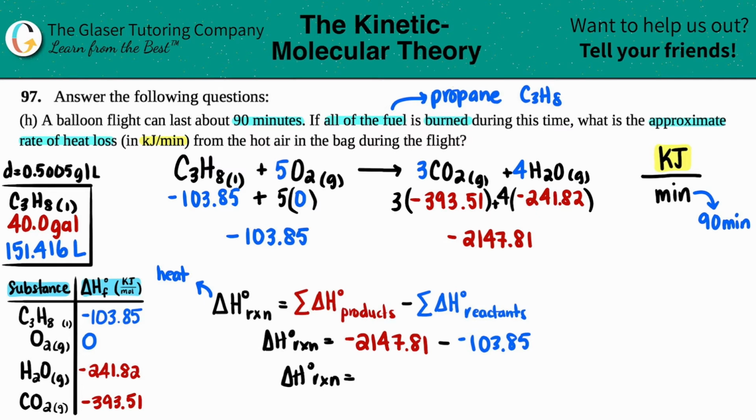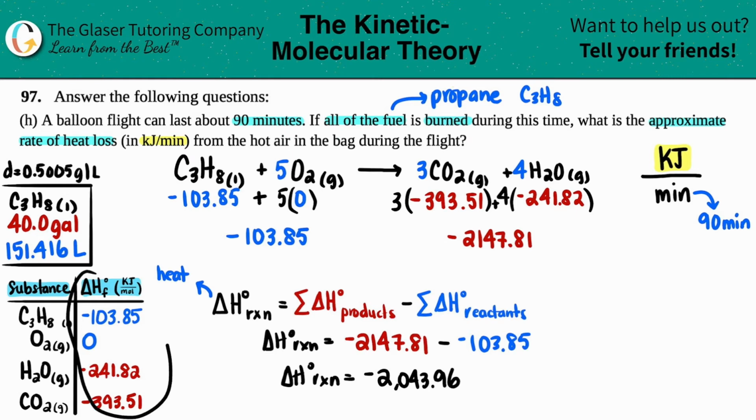So I'm just going to plug that in. This number minus a negative 103.85. So I get negative 2,043.96. Whoa, okay.